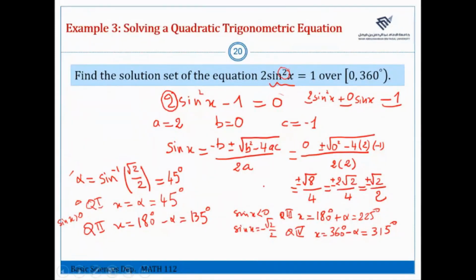So we have once again 4 solutions. So the solutions are 45, 135, 225 and 315. Okay.